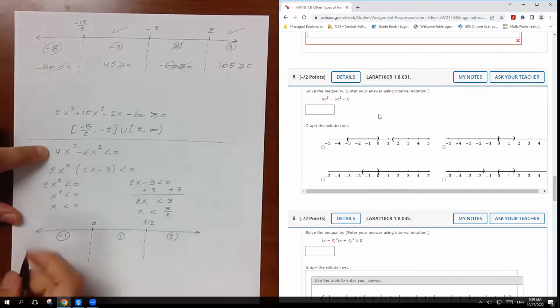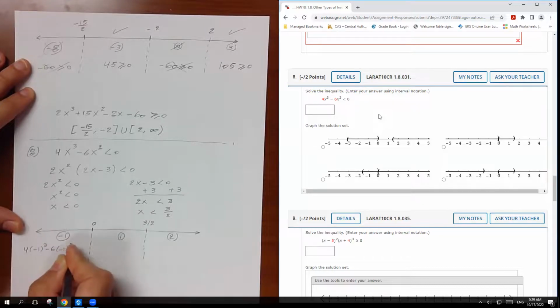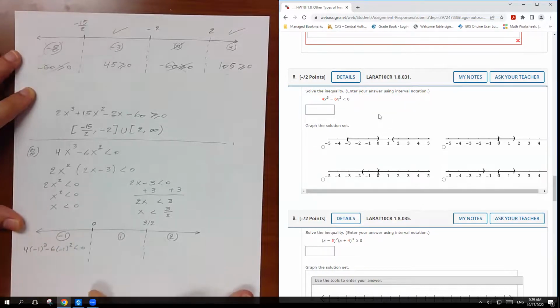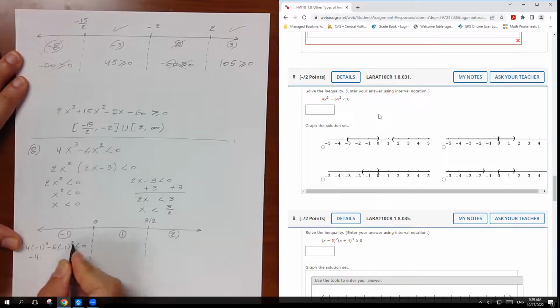Let's plug in these three numbers here. -1, plug in -1 here. That means 4 times -1 cubed minus 6 times -1 squared. Is that less than 0? -1 cubed is going to be -1 times 4 is going to be -4. -1 squared is going to be 1 times -6 is going to be -6.